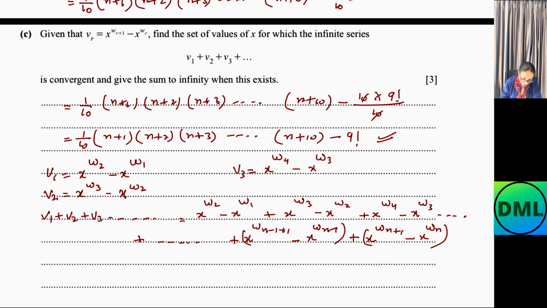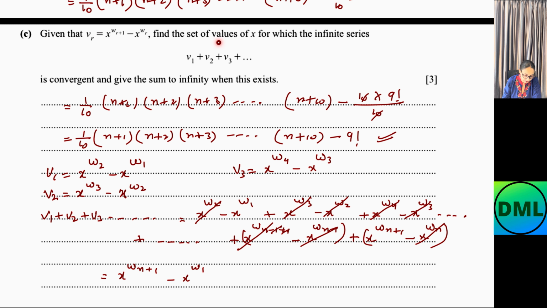As you can see from here, x raised to the power W2 got cancelled with negative W2. X raised to the power W3 also got cancelled. W4 will also get cancelled with the negative x raised to the power W4. X raised to the power Wn minus 1 will also get cancelled with the previous one. This is basically x raised to the power Wn, which will get cancelled from this term. You are only left with x raised to the power Wn plus 1 minus x raised to the power W1.